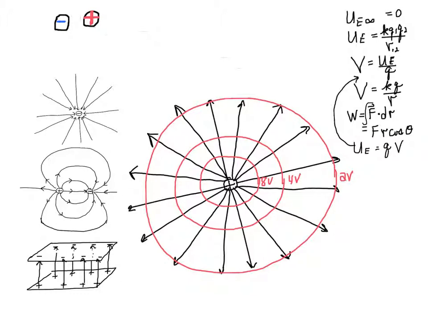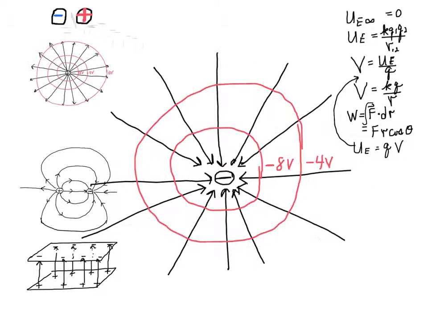And notice that if I bring in a positive charge, I'll get a positive energy. And if I bring in a negative charge, when I multiply by negative charge, I'll get a negative energy. Okay, let me do something else now.